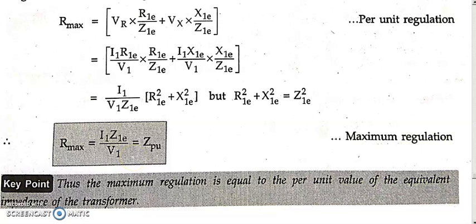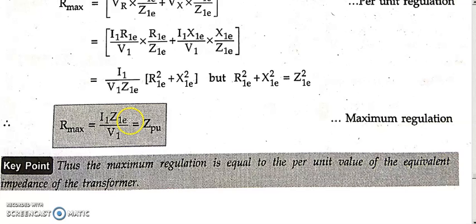So both are having the same SI unit, and the SI units get cancelled and it is termed in per unit. So R max has no SI unit, that's why it is also called the impedance per unit. Okay, so this is the condition where you are going to get the maximum regulation.